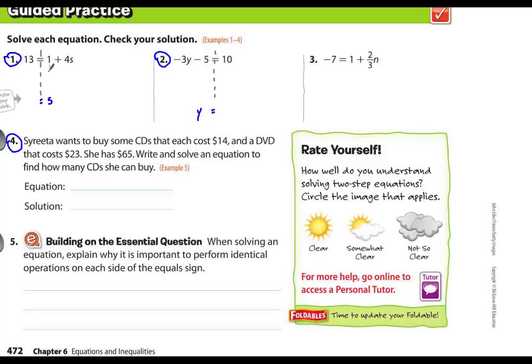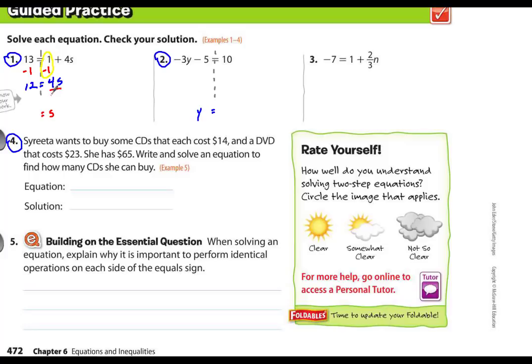So my first step here is to undo this 1, get rid of the 1. So I'm going to take 1 away from each side. When I do that, these cancel out, and I end up with 13 minus 1 is 12, and 12 equals 4s. I'm going to bring my s down a little bit, give myself some room to work.